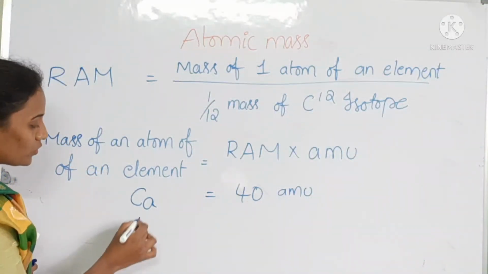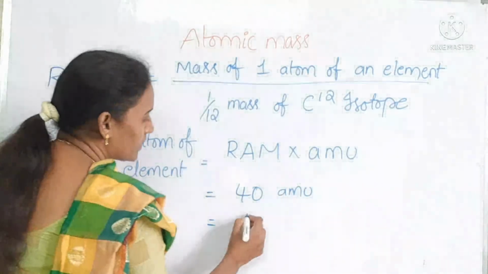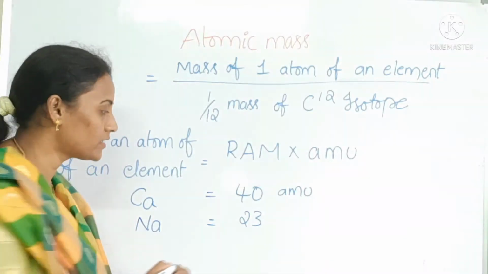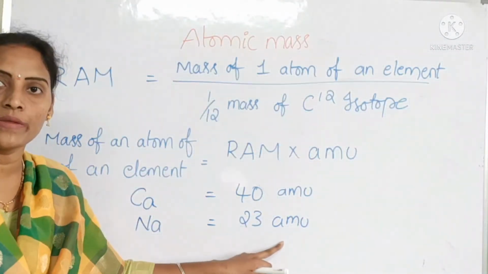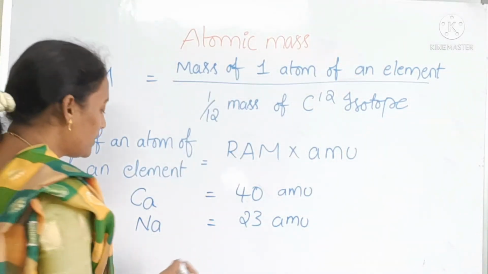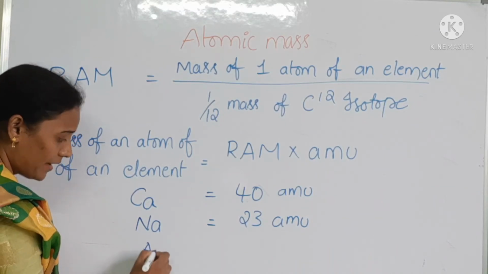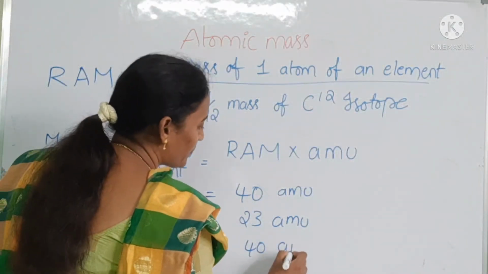See, if you want to know sodium's atomic mass, students, that is 23. Relative atomic mass of the element is 23 AMU. AMU is nothing but atomic mass unit. If you want to know argon's atomic mass, that is also 40 AMU.